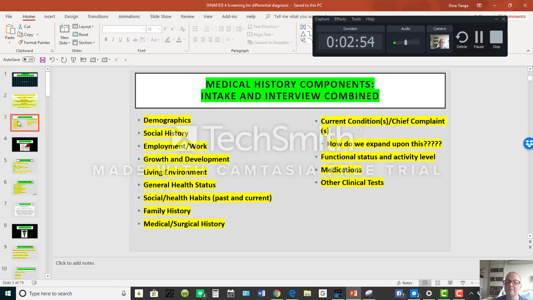And then you're going to ask about their current condition and their chief complaints. How do we expand upon this? Functional status and activity level, medications, and other clinical tests.